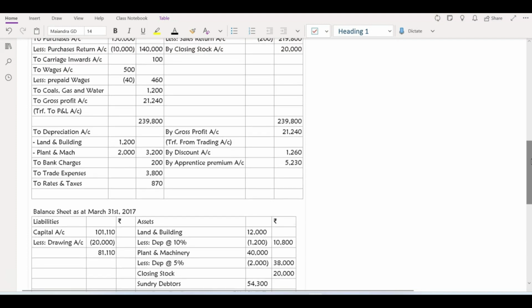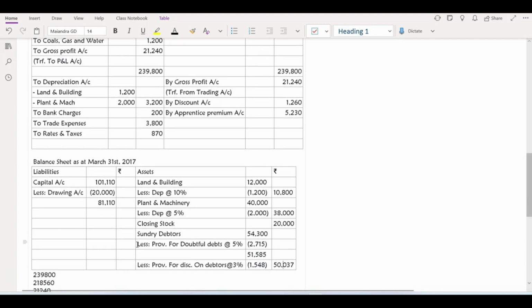All right. But wait here, we have to write these two items. Okay. I'm going to highlight it. It's important. That's why taking random colors. So these two items need to be written here.